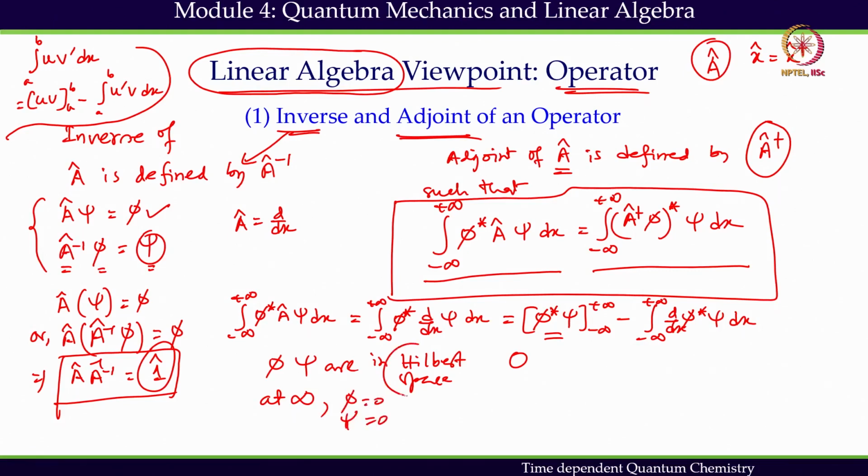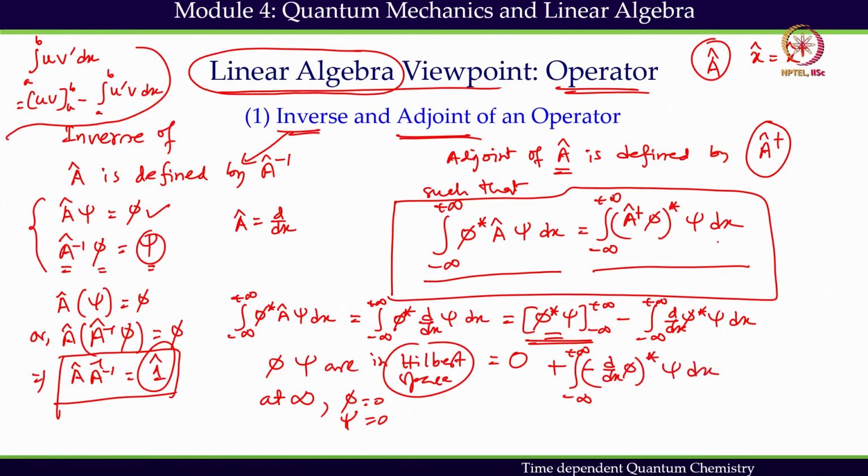This all comes from the property of the Hilbert space. So this boundary part will be 0. Then I have minus the integral from minus infinity to plus infinity of d dx phi whole star times psi dx.